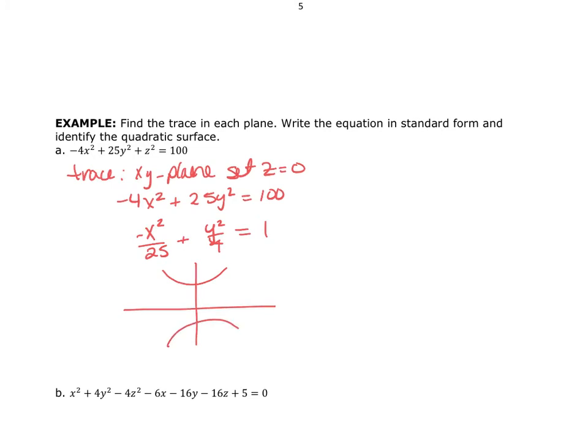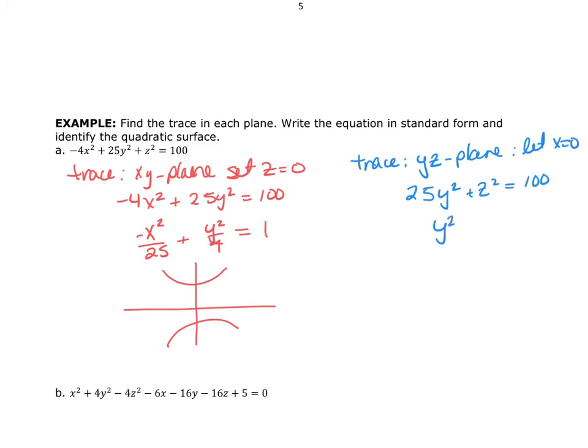Okay, now I'm going to do the trace in the YZ plane. In the YZ plane, we're going to let x equal 0. And so I have 25y squared plus z squared is equal to 100.